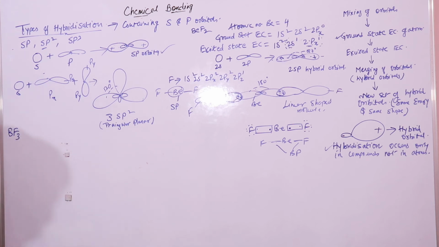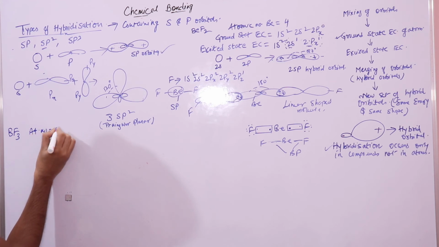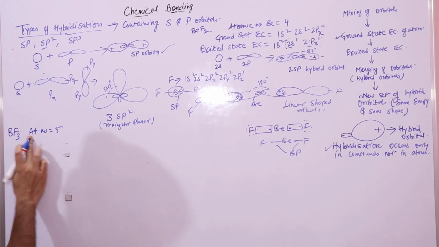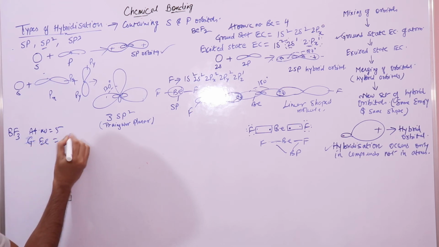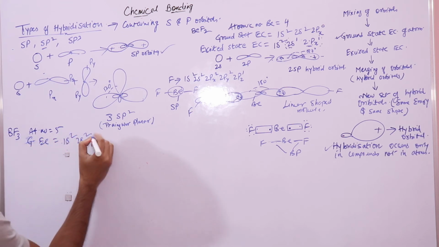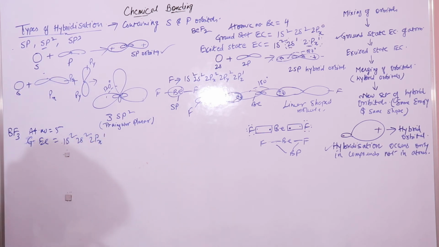This is your boron trifluoride, and the atomic number of boron is 5, right? So its ground state electronic configuration would be 1s2, 2s2, 2px1, right?